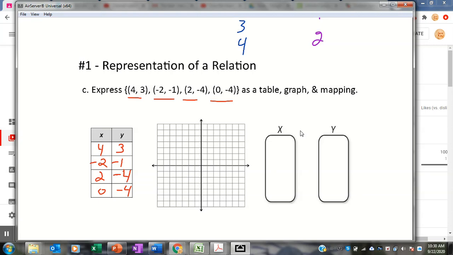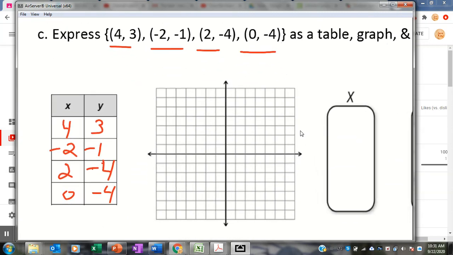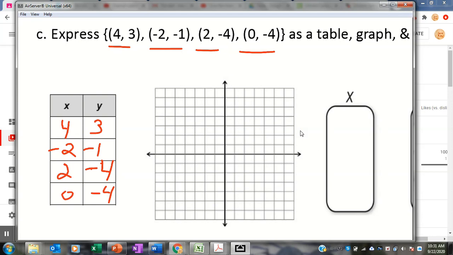So the next part is going to be plotting all of these points. I'm going to zoom in a little bit to make it easier to plot. 4, 3, we have to go to the right 4 and then up 3. So 1, 2, 3, 4, 1, 2, 3. We put a dot right there. The next ordered pair is -2, -1.